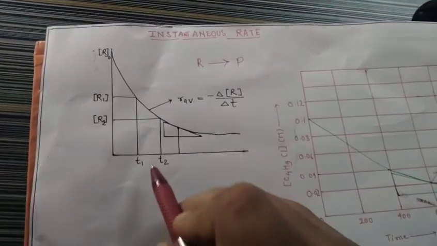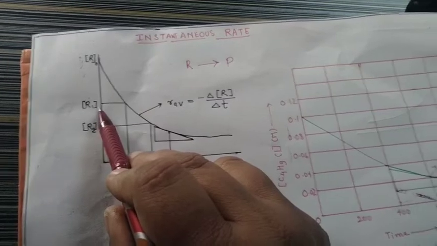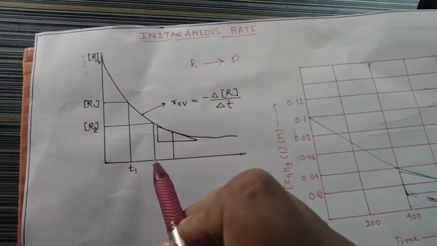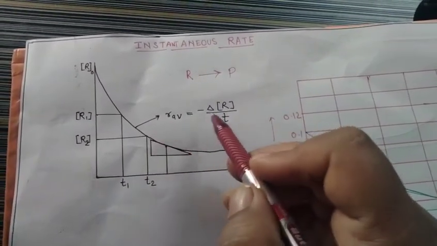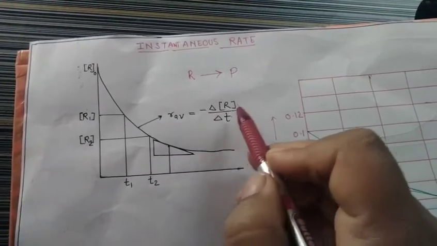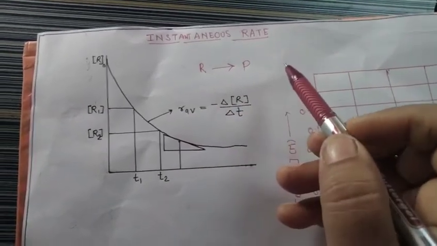Suppose at time t1 this is the concentration of reactant, and at time t2 this is the concentration of reactant. So the average rate of reaction, as you know students, is minus del R upon del t, because the concentration of reactant decreases and the concentration of product increases.